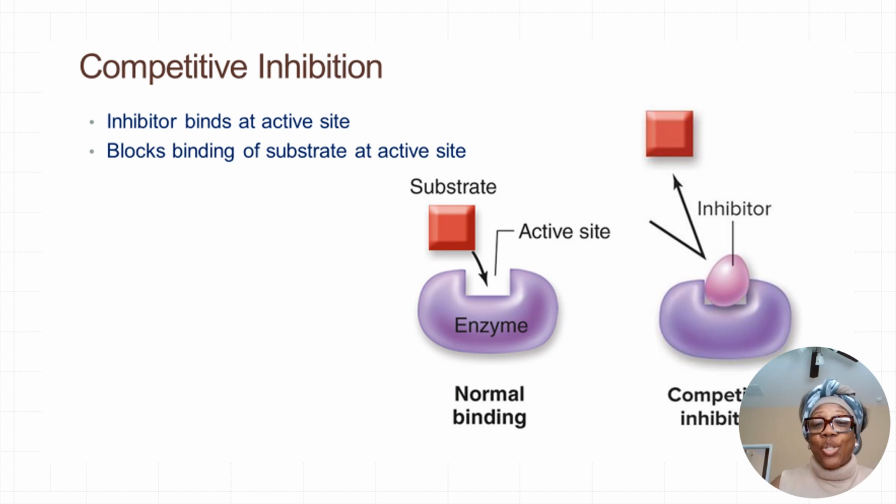It may not be an exact match, but it's close enough to the shape or resembling what the normal substrate would look like that it will bind to that active site. And once it binds to the active site, guess what? The regular substrate or the normal substrate can no longer bind.